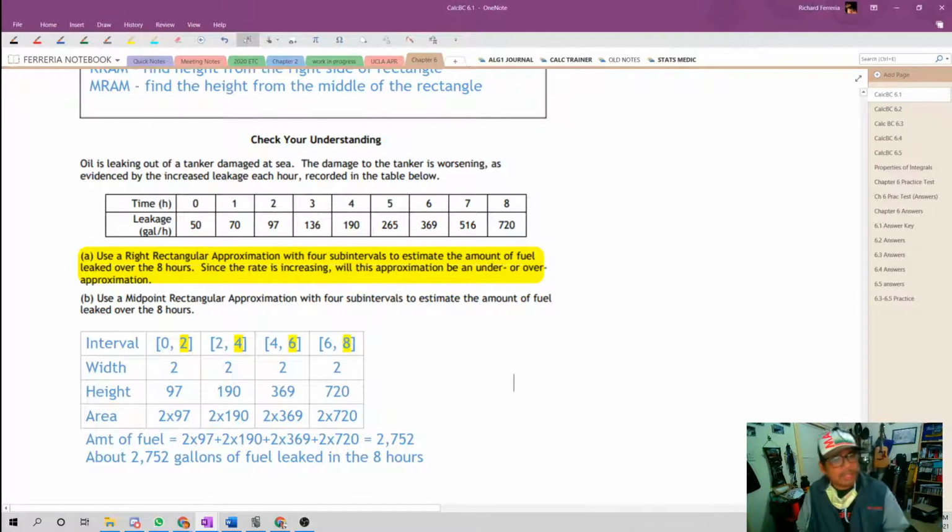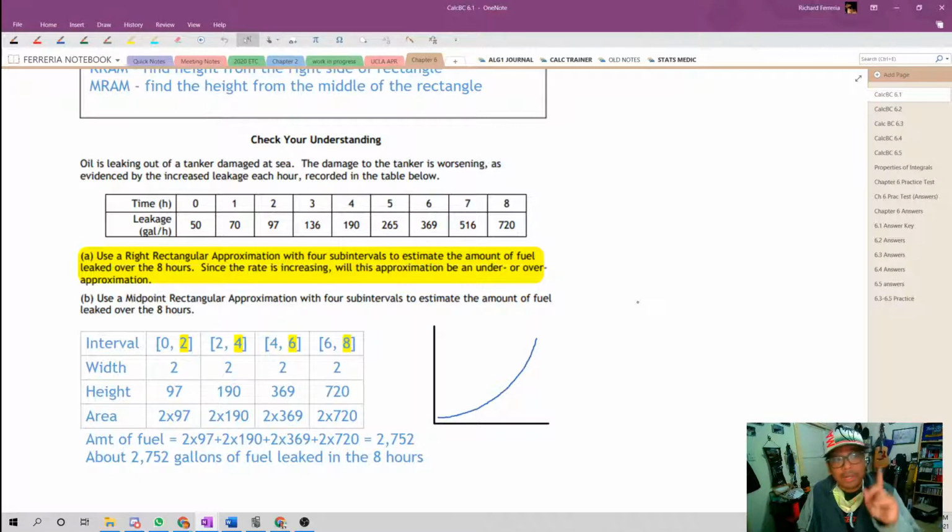As to whether this is an over or an under approximation, I recommend that you go ahead and draw an increasing function, because this is an increasing function. Now that we've drawn an increasing function, we just need to make a couple of right rectangles.